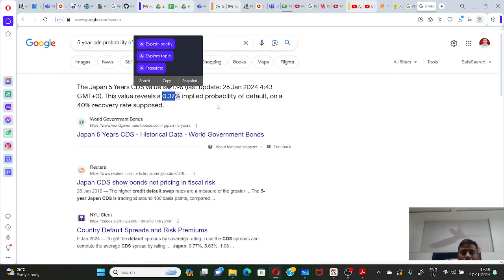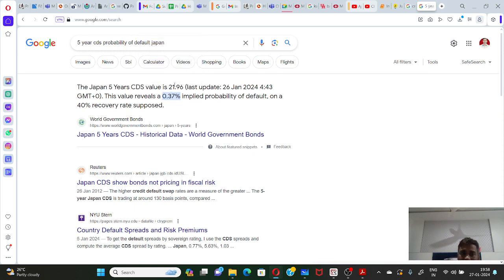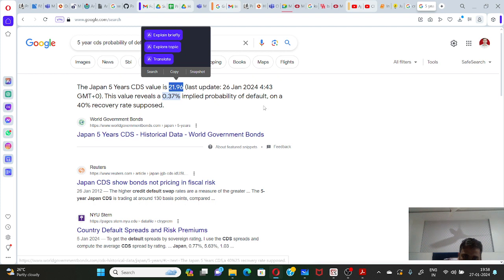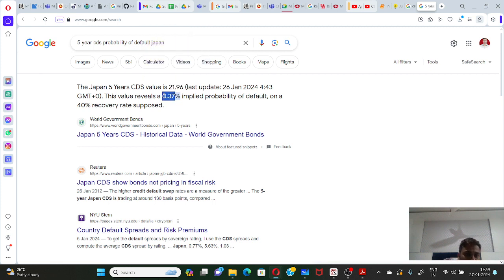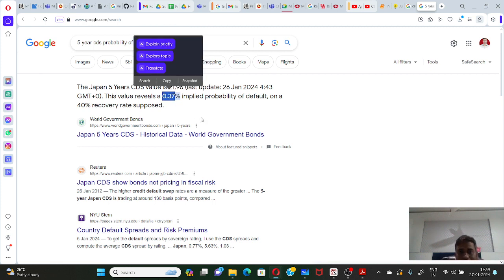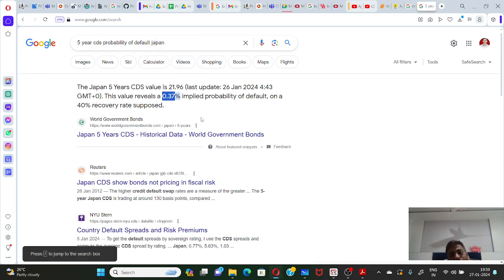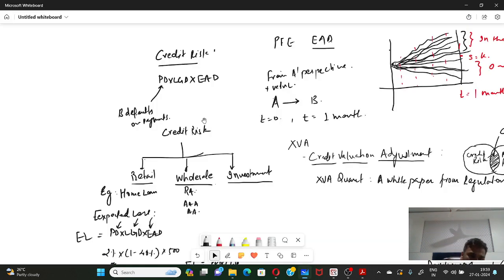So if Japan has a government bond issued which has a 5-year CDS spread at 21.96 units, whatever, in dollars or something like that, then the corresponding implied probability of default from that is 0.37%. So this is one of the ways to get the probability of default. You have a hazard function and all of that, from Poisson processes, and you can back-calculate what the implied probability of default is.